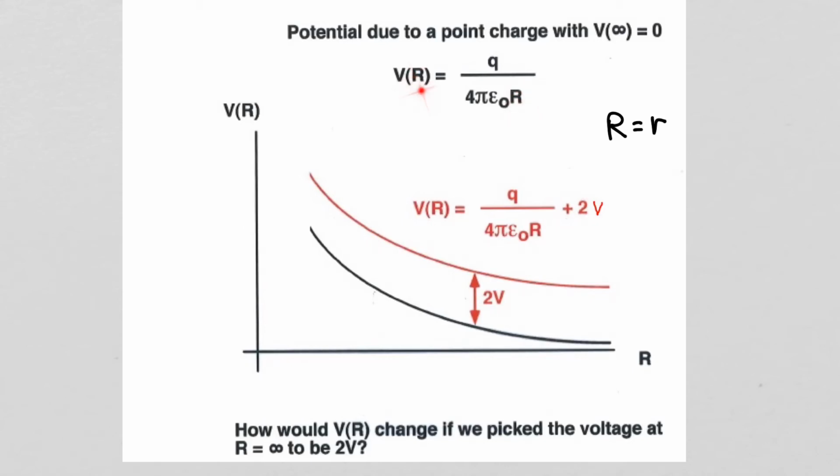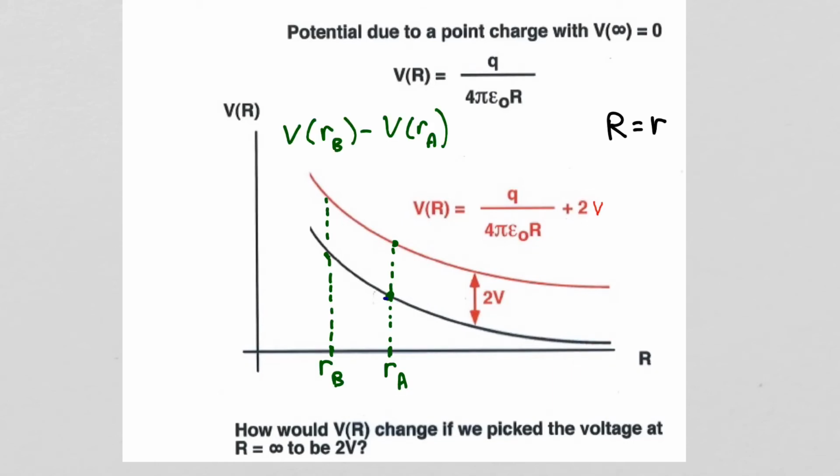This uppercase R here should be lowercase r, our radial component in spherical coordinates. What happens by choosing V at infinity as 2 volts instead of 0 is just a shift of the total potential curve as a function of position. If you compute V sub RB minus V sub RA for either curve, this potential minus this potential, or this potential minus this potential, you would get the same result.